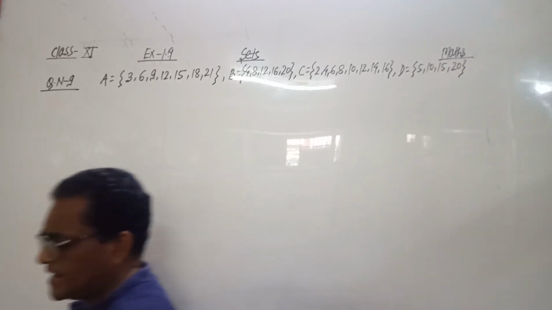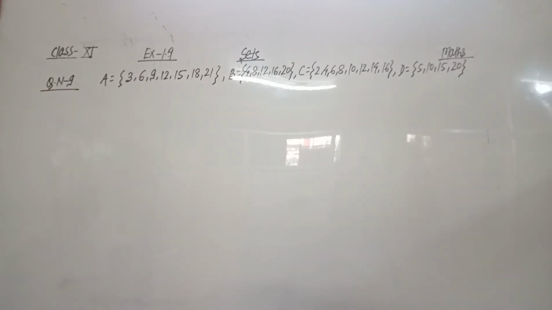So these are the sets given: D equals 5, 10, 15, 20; C equals 2, 4, 6, 8, 10, 12, 14, 16; B equals 4, 8, 12, 16, 20; and A equals up to 21.